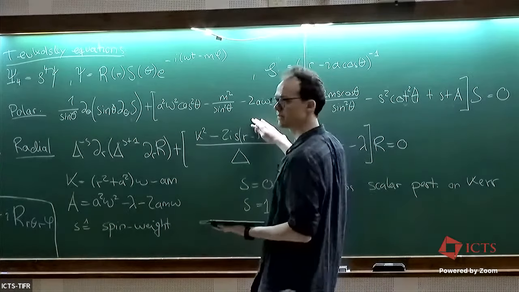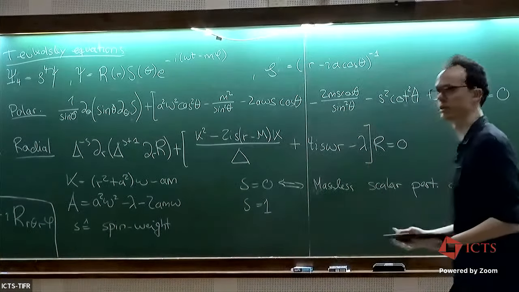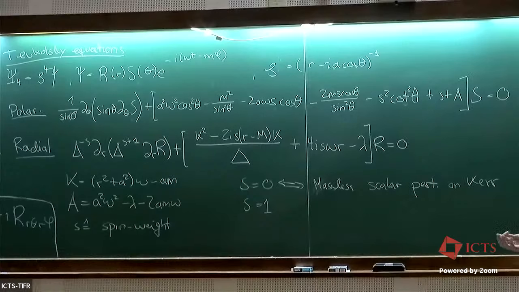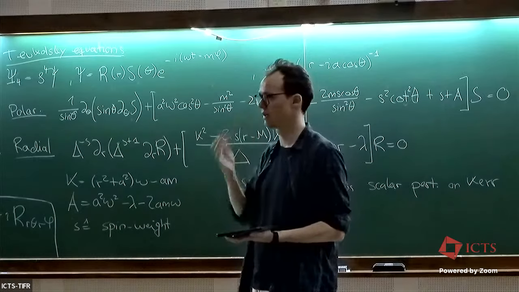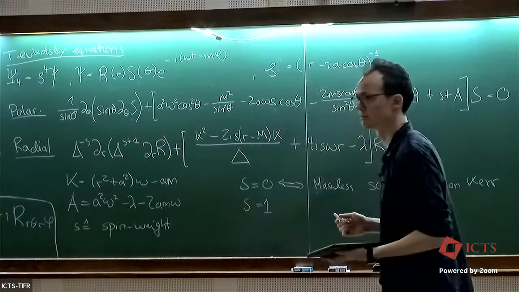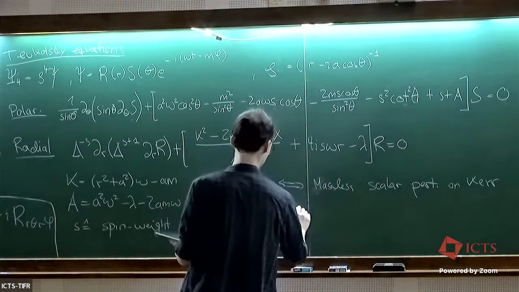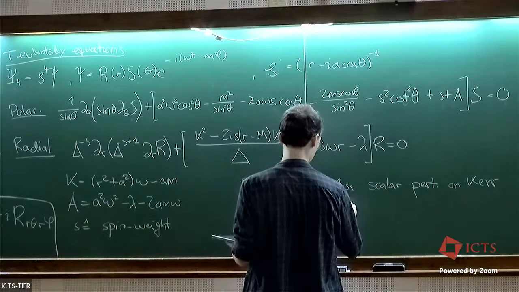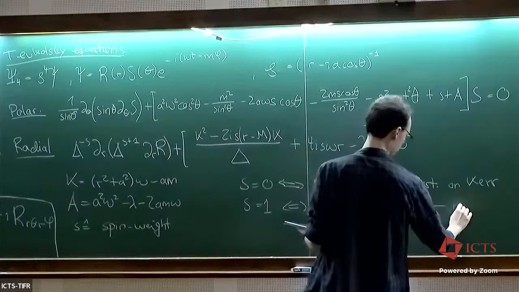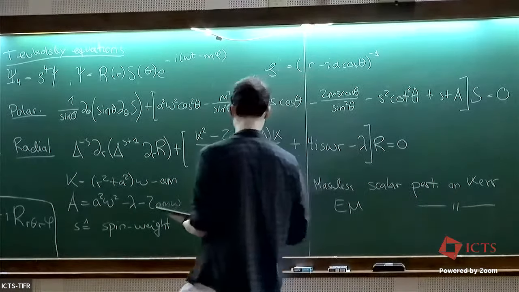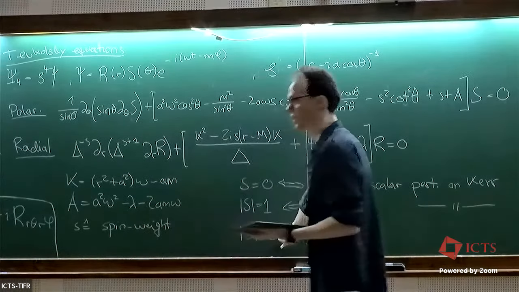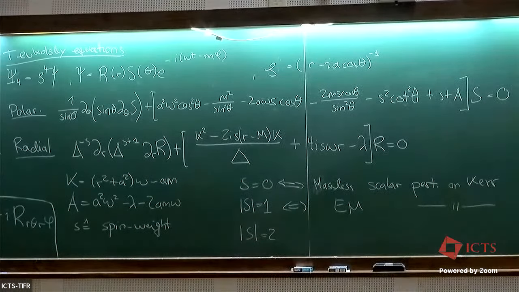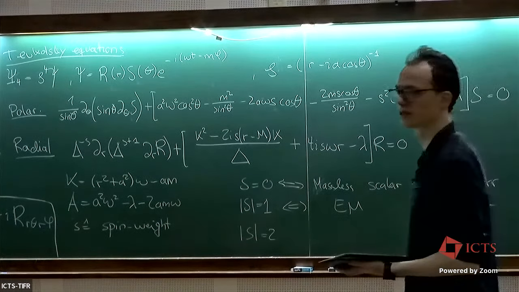So that is a different set of equations that govern certain degrees of freedom of linear perturbations of the electromagnetic field around a Kerr black hole. Okay? And let me write this down: EM perturbations on Kerr. And then similarly, for s equal to 2, you get tensor perturbations or metric perturbations on the Kerr background.